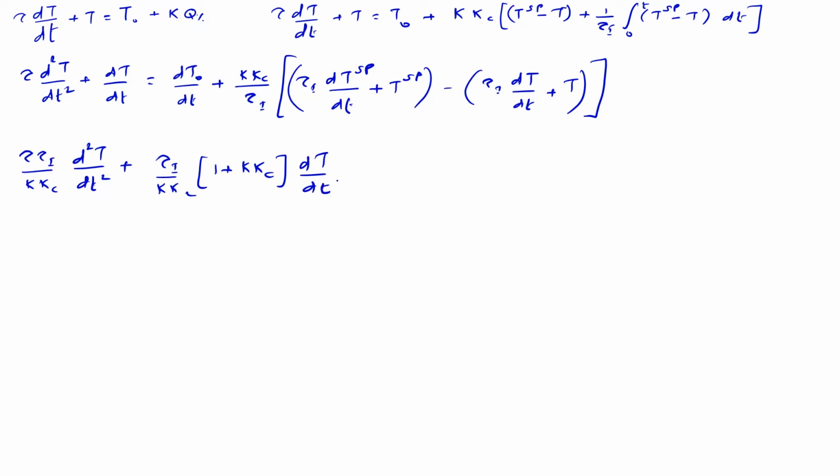Tau I by KKc plus tau I. So tau I common: tau I plus tau I by KKc. So if I take tau I by KKc common, then 1 and KKc, yeah, so that should be fine. Yeah, so this is fine.